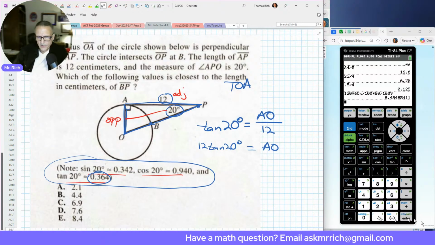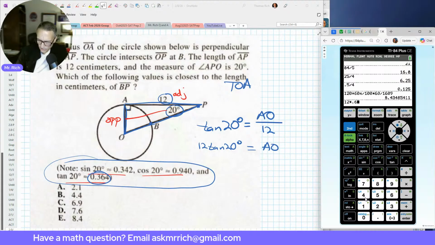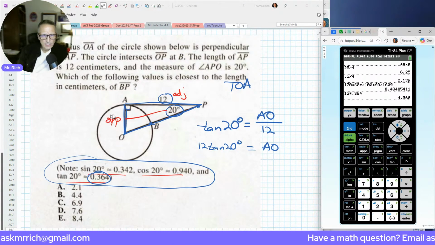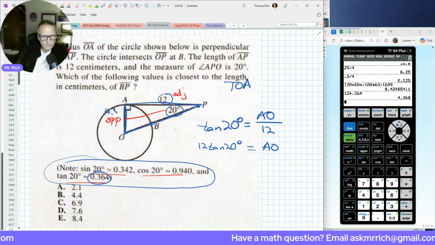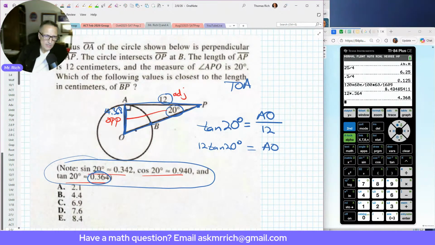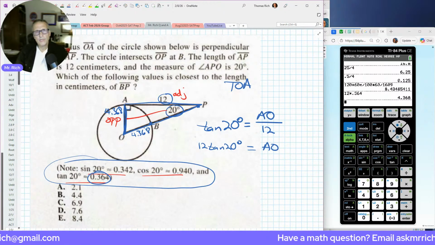So I'm just going to take 12 times 0.364, and I'm getting 4.368. So I know that this other side is 4.368, and that happens to be a radius. Now at this point, I realize that segment OB would have to be the same length because it's also a radius of that circle.